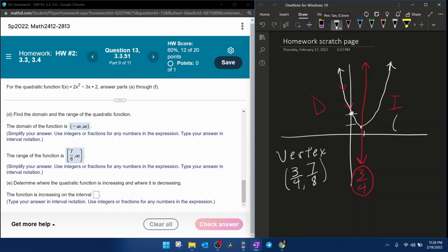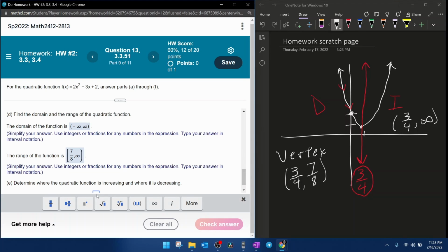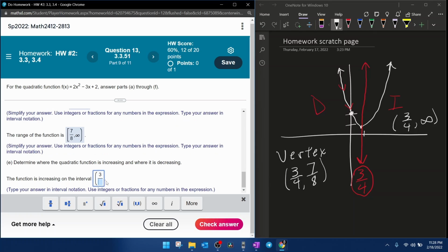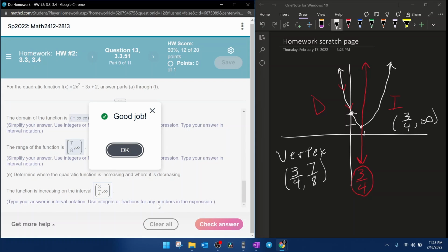So we can see, based on this picture, that the interval of increasing is from 3/4 to infinity. Remember that increasing, decreasing, and constant intervals never use brackets, only parentheses. 3/4, comma, infinity. So there's our section of increasing.